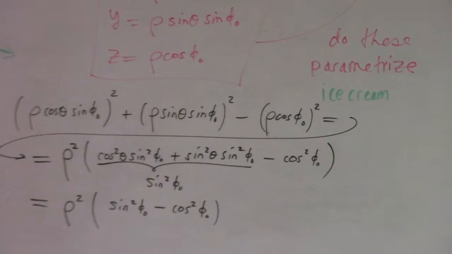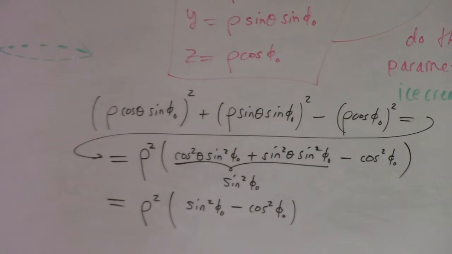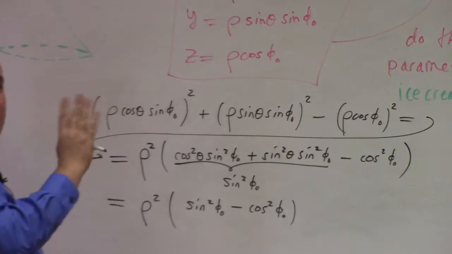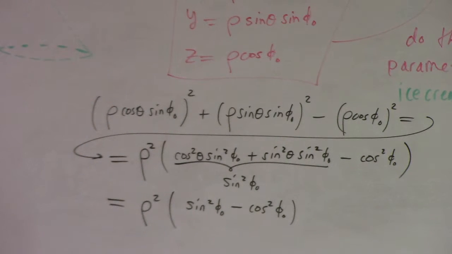What kind of cone are we looking at on the formula sheet? Cone of what angle? If you look at this cone, you can look at traces. In particular, the trace of the cone in the YZ plane. That's x equals 0, right? What happens when you put x equal to 0?